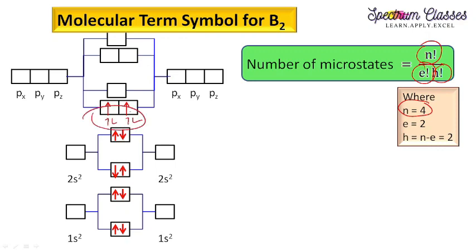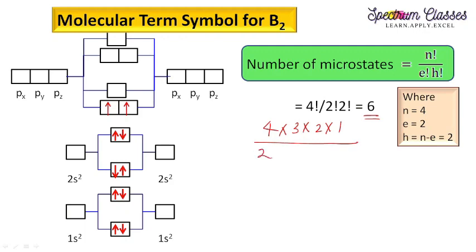And how many electrons do we have? We have 2 electrons. The number of holes is n minus electrons, so there are 2 holes. So in this manner we calculate the number of microstates: factorial 4 divided by factorial 2 times factorial 2, and this gives me 6.